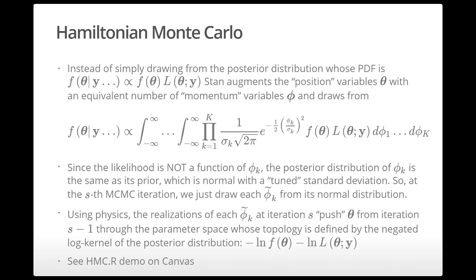And then with this idea of position and momentum, we're able to construct a valid Markov chain Monte Carlo process that is a physics simulation based on Hamiltonian physics. Now, you don't actually have to understand the physics, and I certainly don't. My understanding is that if you were an undergraduate physics major, this would be something you would be expected to understand, but it's not rocket science.